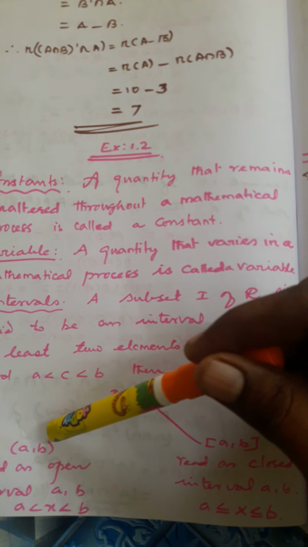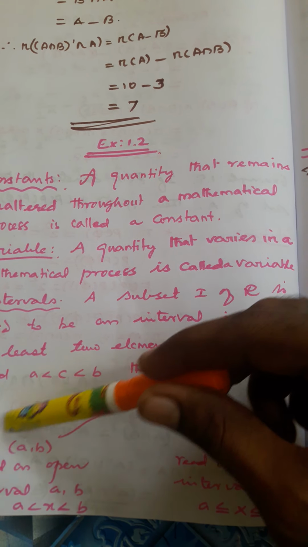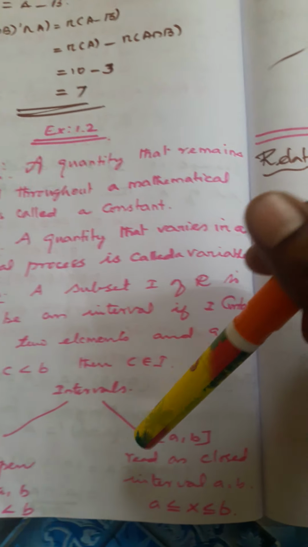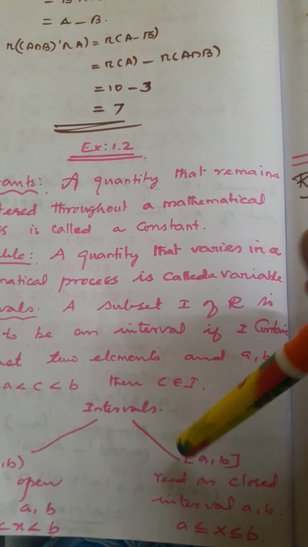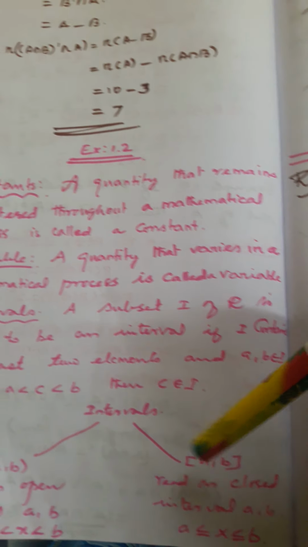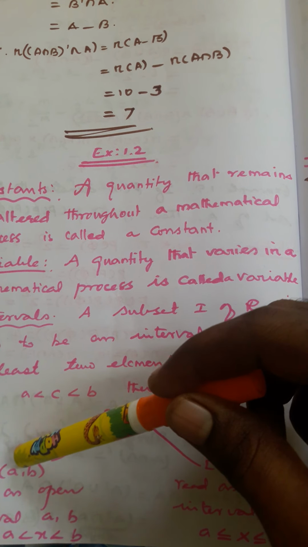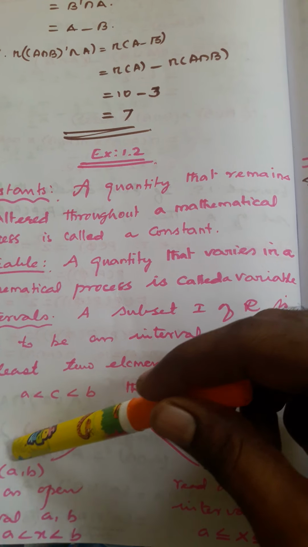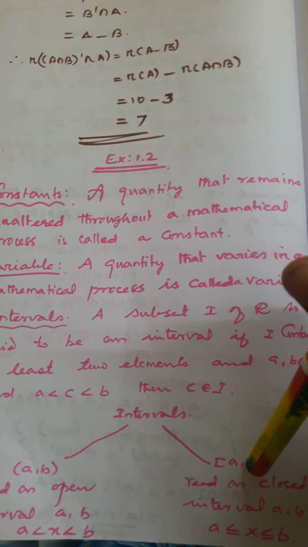In open interval we cannot take a and b, other than a and b we can have all the numbers in between these two numbers, and here it includes your a and b. For example, closed 1 comma 4 means it starts from 1, 2, 3, 4. At the same time open 1 comma 4 means it can take values 2, 3 only. So that is the difference between open interval and closed interval.